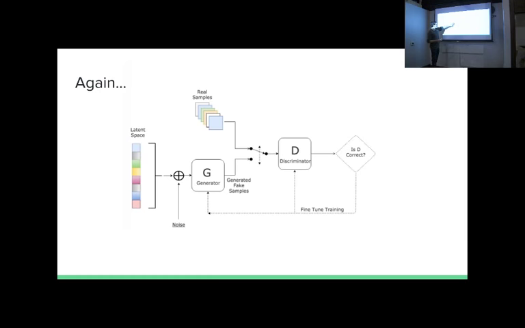It goes into the generator. We generate the fake samples. They go into the discriminator. The discriminator says, is this fake or real? And then not only that, but was it correct about its assertion of the image being fake or real? And again, the result of that comes back through the network to update the assumptions.